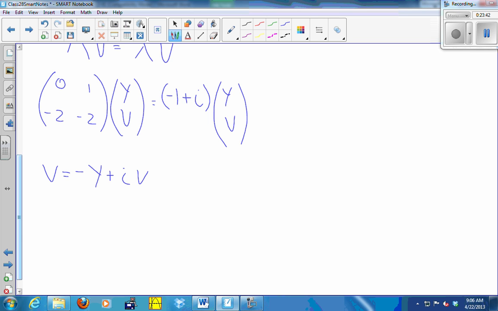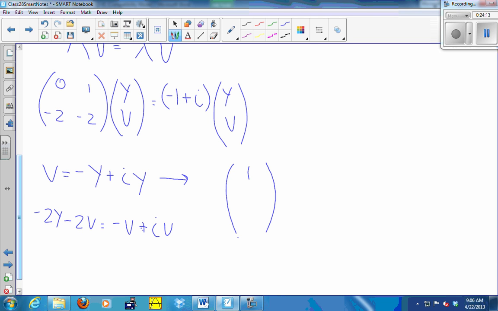Yes, you're absolutely right. Thank you. And then -2y minus 2v equals -v plus iv. These two equations are redundant; one is a multiple of the other. So v is -y plus iy. Let's just pick a value for y, like 1.